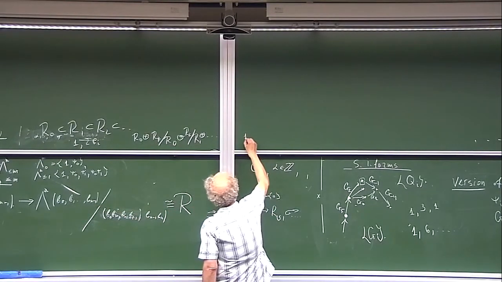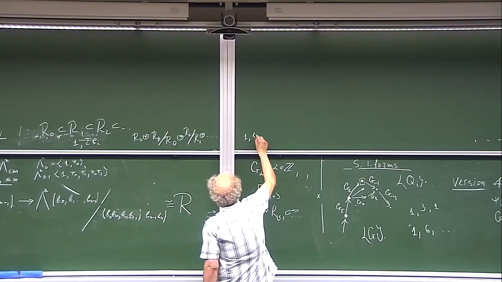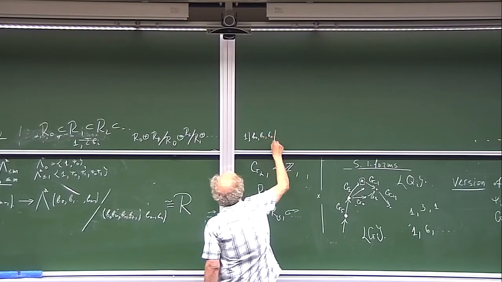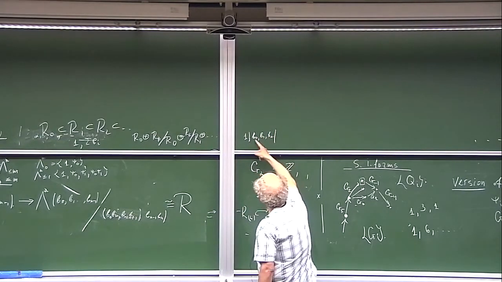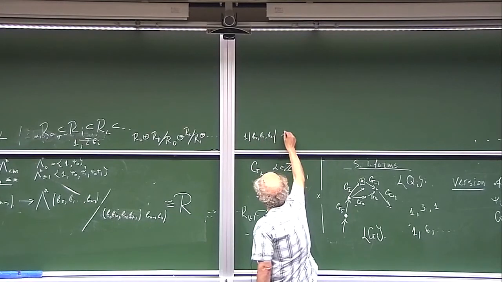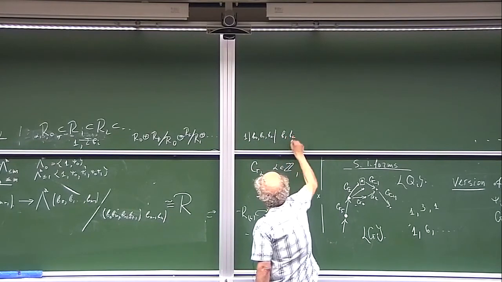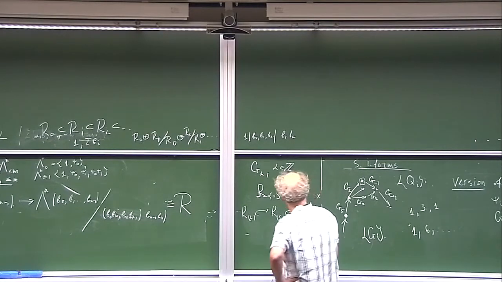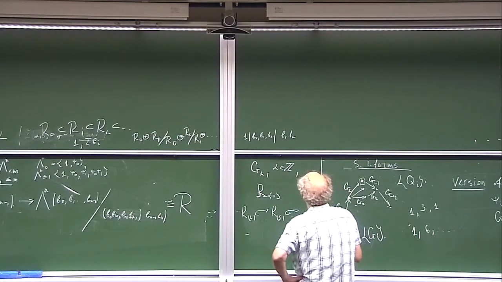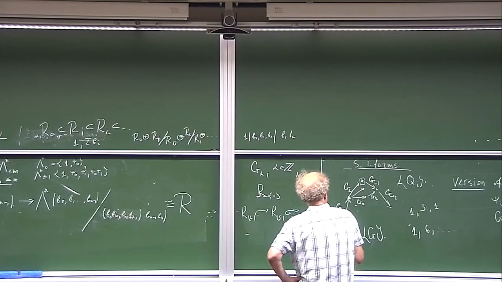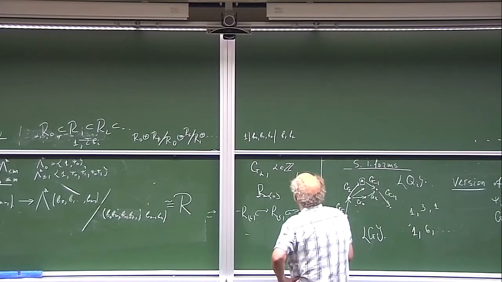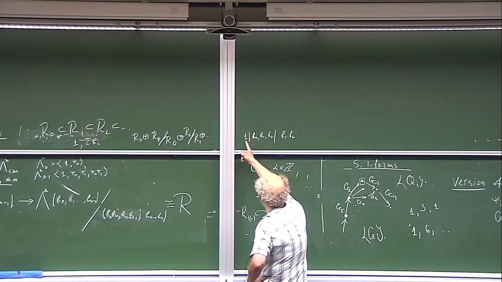I have 1, I have b_0, b_1, and b_2. And because I factorize, I do not have this, I do not have this, but I have also b_1 and b_2. And now if we look at what is going on, surely I can act.